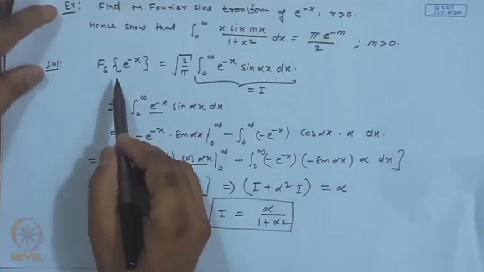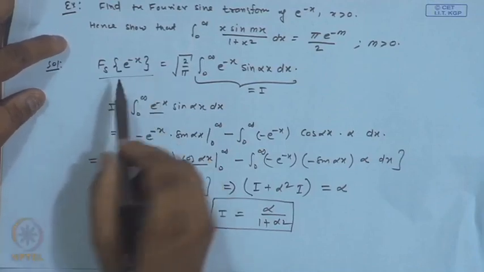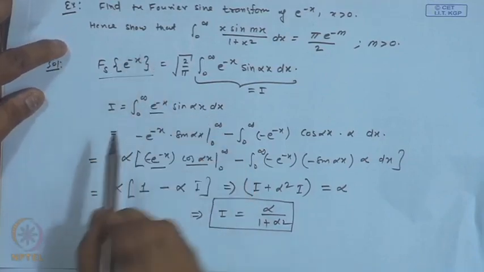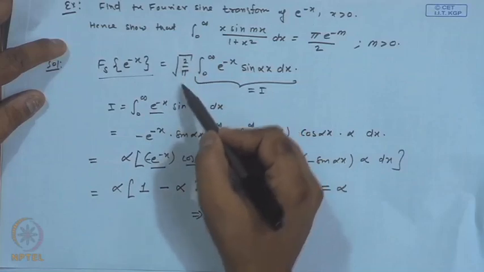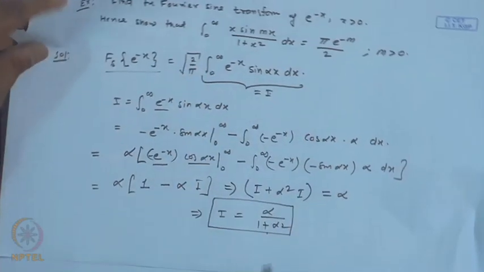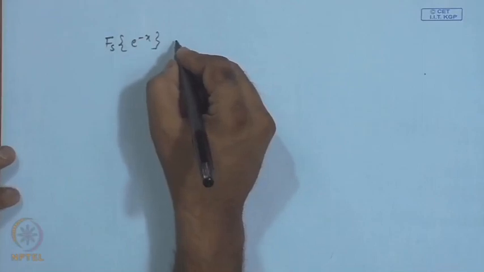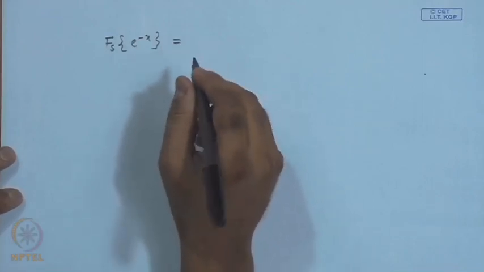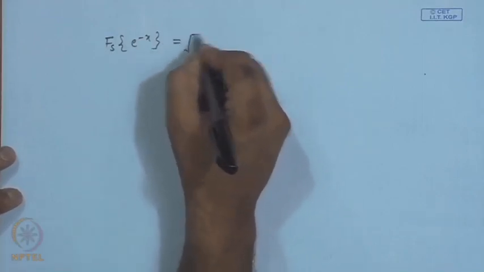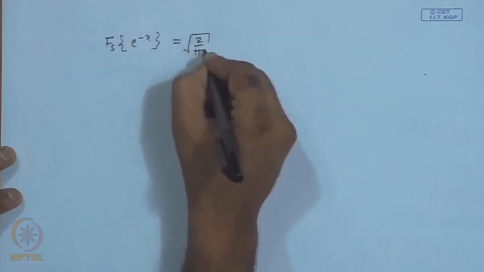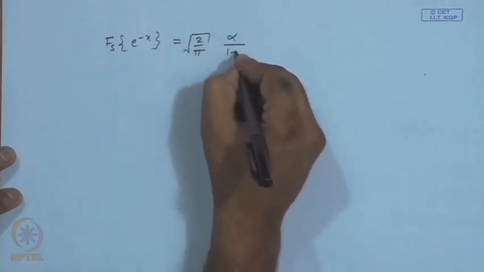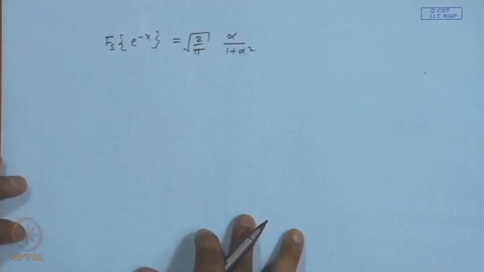So, now we have this I, and we got this Fourier sine transform of e to the power minus x: square root 2 over pi, and then we will replace with this I. So, we have basically F_s of e to the minus x, the Fourier sine transform of exponential minus x, equal to square root 2 over pi times alpha over 1 plus alpha square.